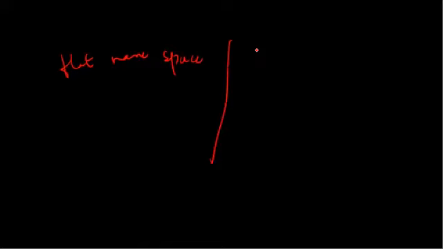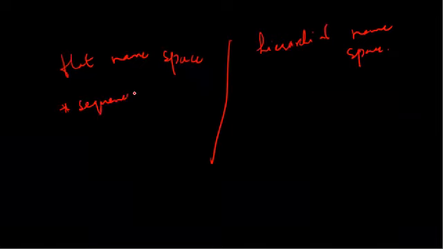So let me just write it. Hierarchical namespace. As I said, in the case of a flat namespace, we are just writing a sequence of characters without any meaning given to it. Now, what are the disadvantages of just writing a random sequence of characters?